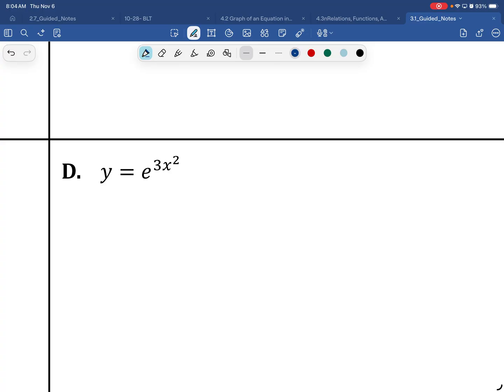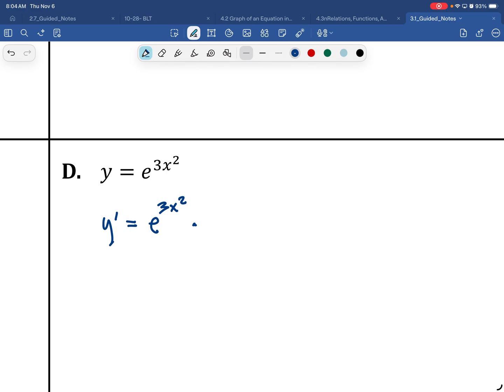I want to start this derivative with the derivative of e to some power. Well, the derivative of e to some power is e to some power. And then I have to multiply this by the derivative of the inner function.